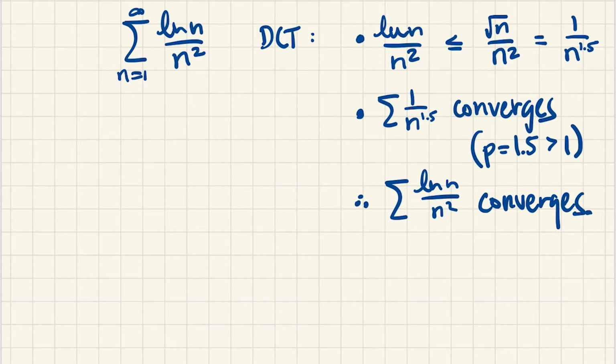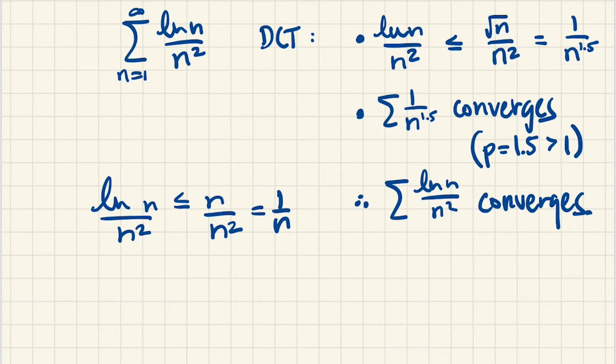All right. Notice that it was a good decision to do the rad n, while it is true that ln of n is less than or equal to simply n. Had we done this particular comparison, then we are showing that ln of n over n squared is smaller than 1 over n, which is the term of a harmonic series.